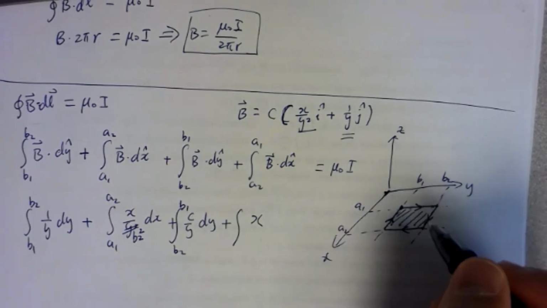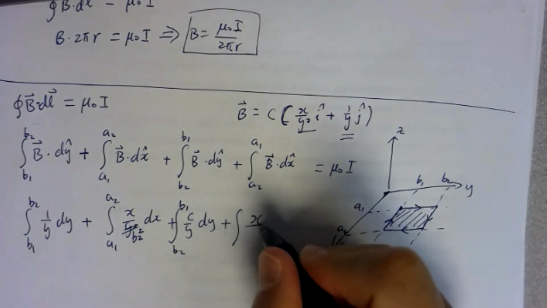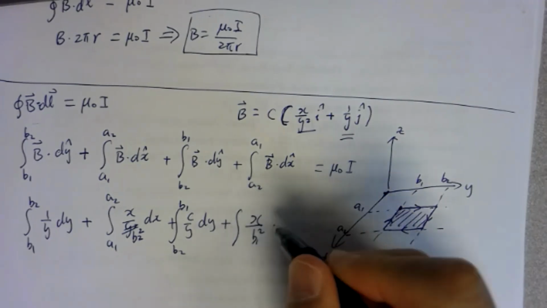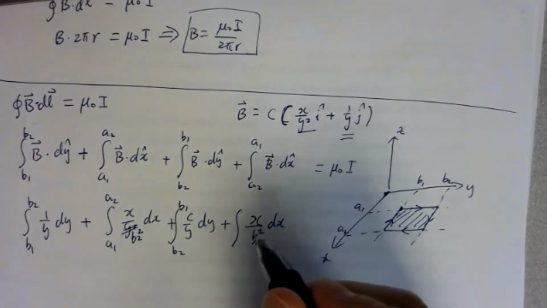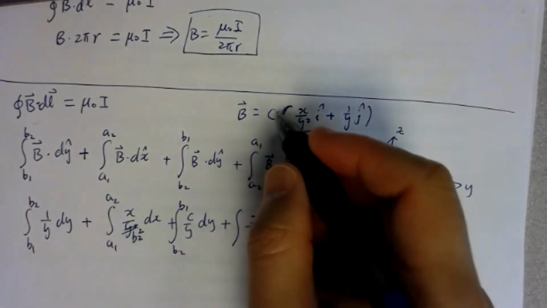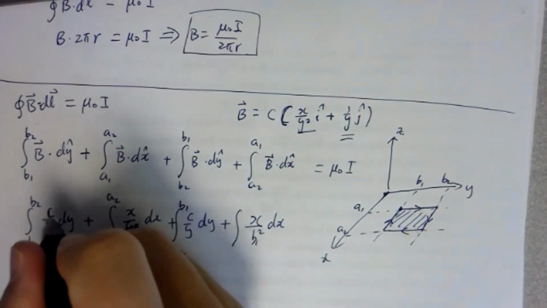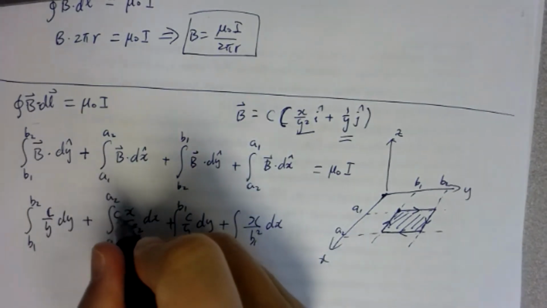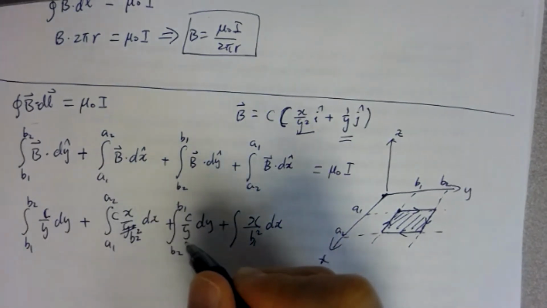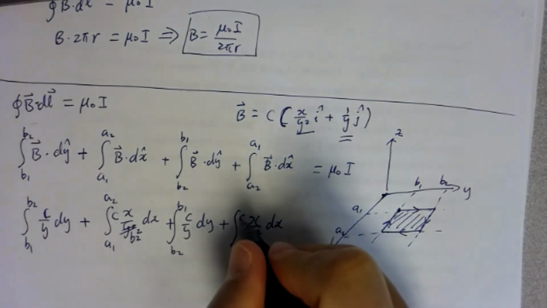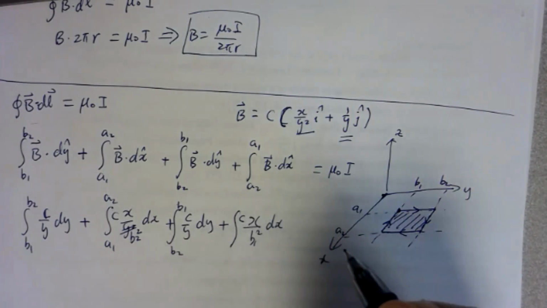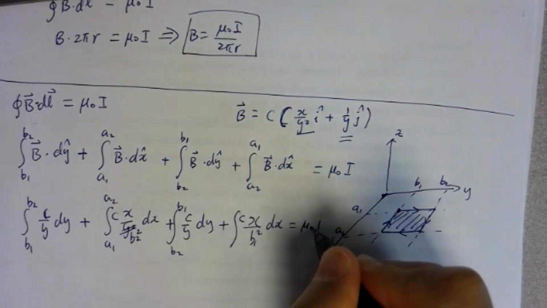On the last one this is just b1 squared, and dx. And that should be C, a constant, I forgot about. So the first one will be c over y, the second one will be c times x over b2 squared, the third one will be c over y, and the last one will be cx over b1 squared, all equal to mu naught I.